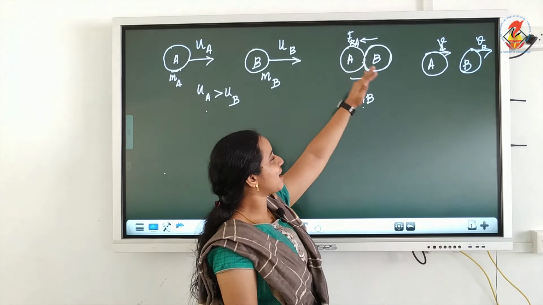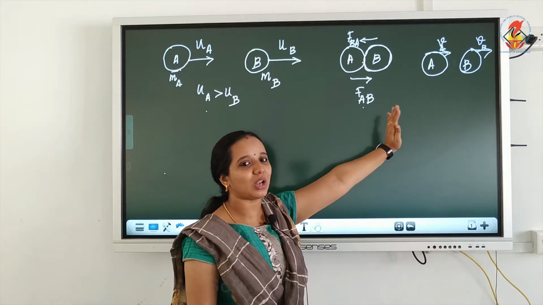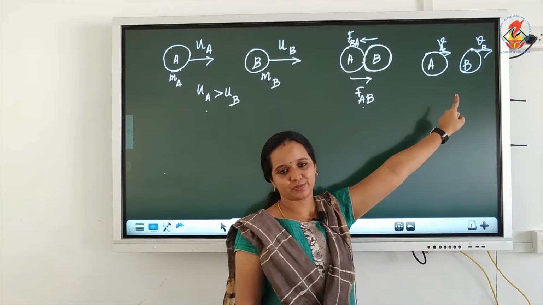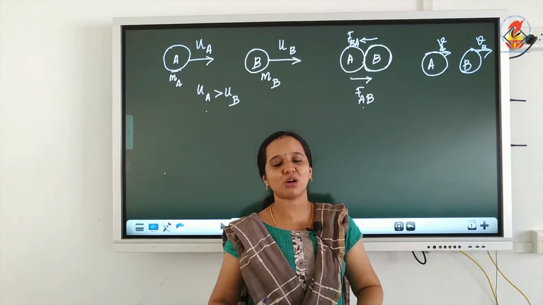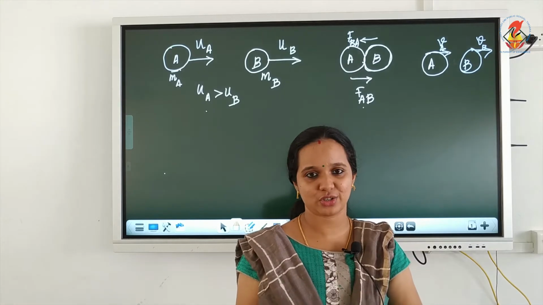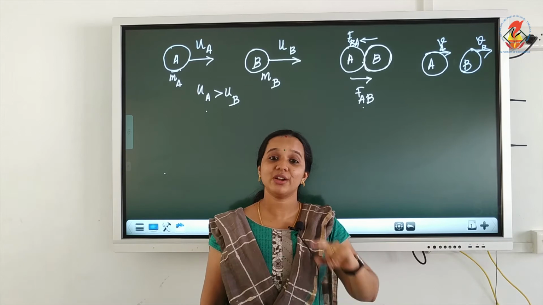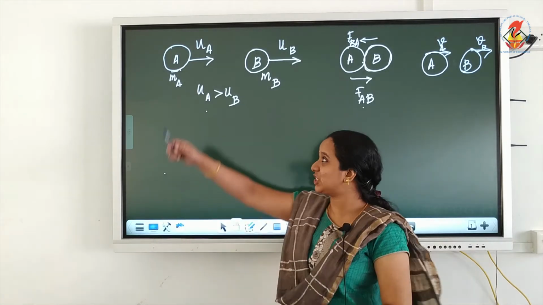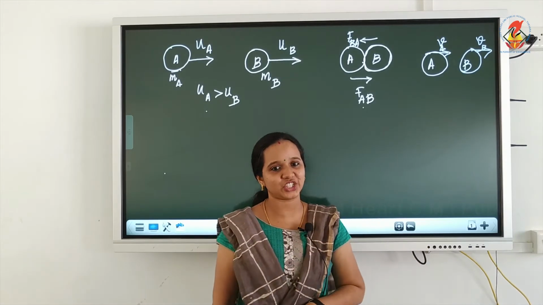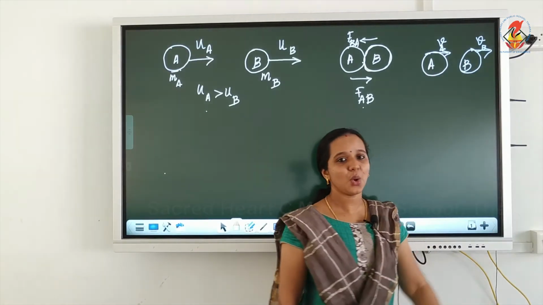Now, since they experienced a force while they collide, definitely their velocities will change. We know that when a force acts on an object, its velocity or speed will change. So, after collision, the objects will move with different speeds. Initially they had velocities ua and ub, but after collision, their velocities change to Va and Vb.